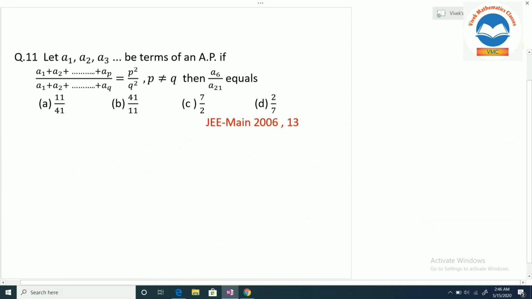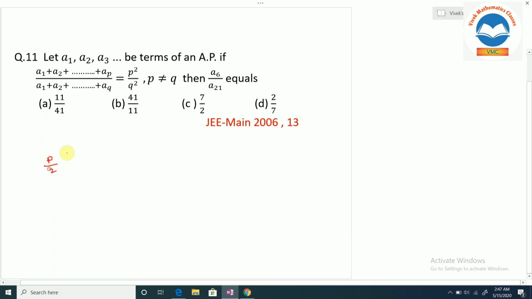Next we have given as let A1, A2, A3 be terms of an AP. So they have given A1 plus A2 up to AP. It means sum of P terms divided by sum of Q terms equals P square by Q square. What will be the sum of P terms formula?